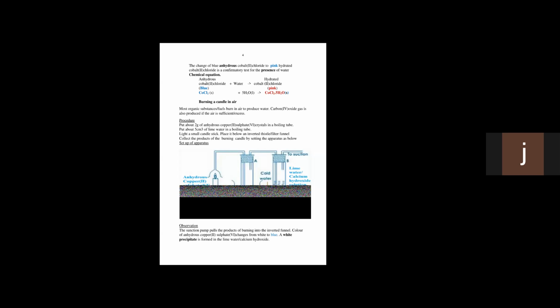Then we looked at the laboratory tests for water. Being given a colorless liquid, you need to carry out various tests, and after carrying them out you can know whether the colorless liquid is pure water or not. Test number one: you place a drop of the liquid on anhydrous copper II sulfate, which is a powder.